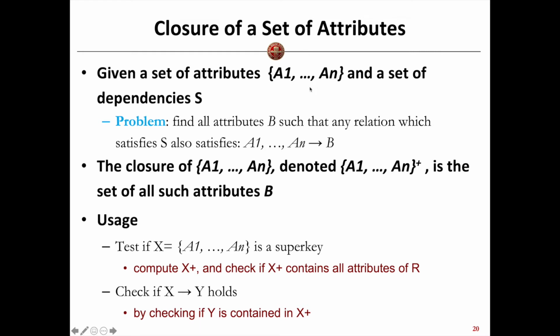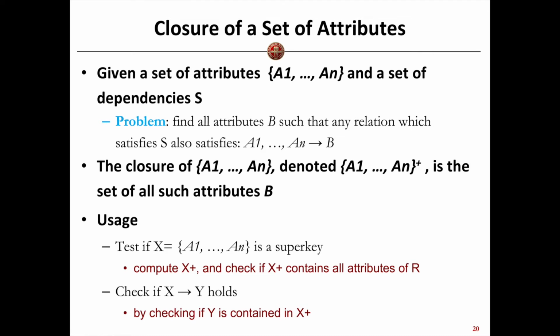Formally, we denote the closure of A1 to AN as A1 to AN with a plus added as a superscript, which covers all attributes that can be implied from A1 to AN based on the existing FDs.